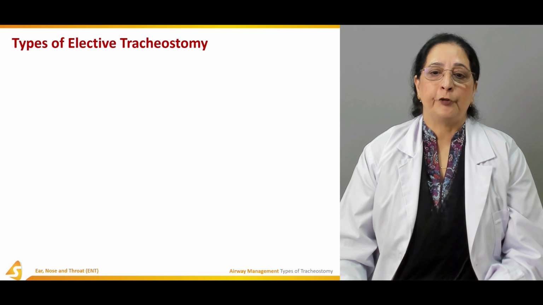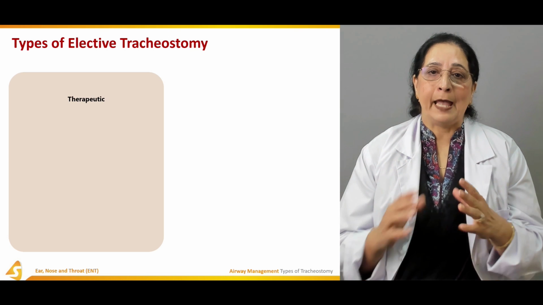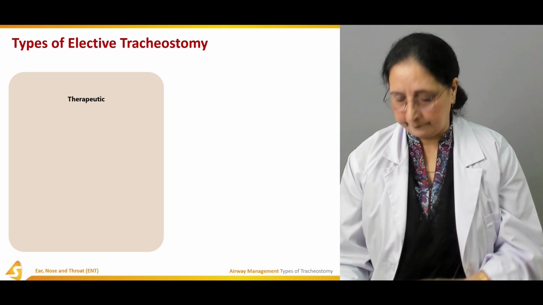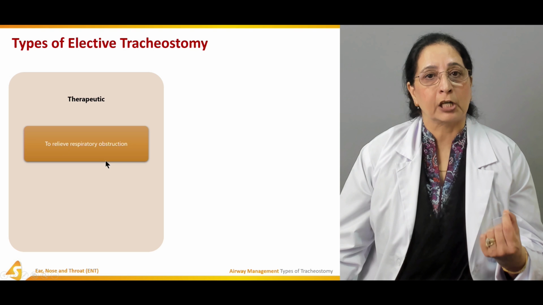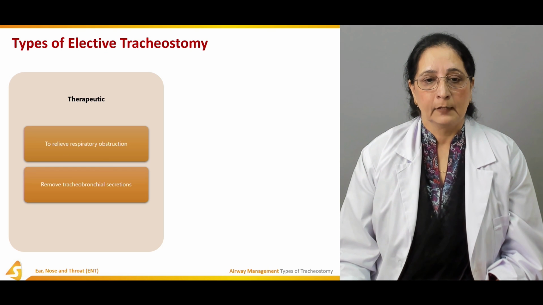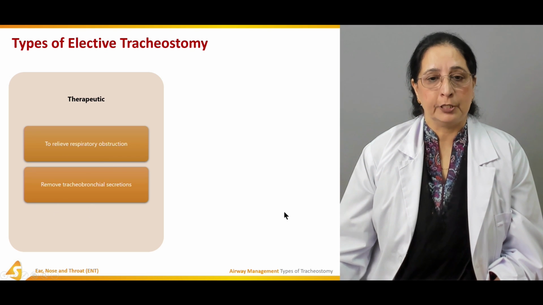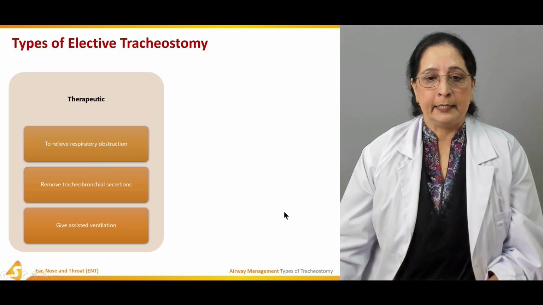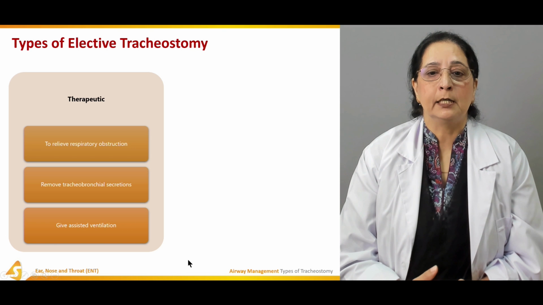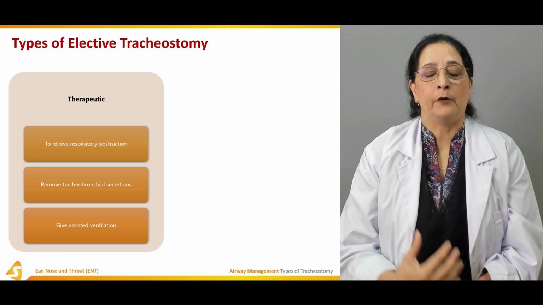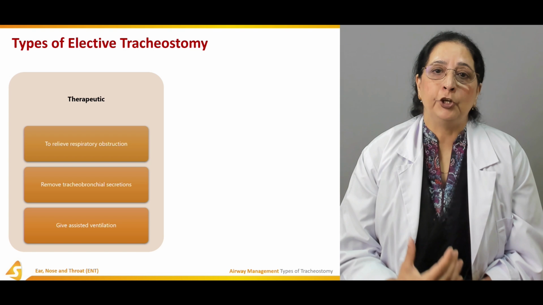Types of elective tracheostomy. We have therapeutic types of elective tracheostomy, which are to relieve any obstruction, remove the secretions, and give ventilation. So these are the therapeutic indications of the elective tracheostomy.